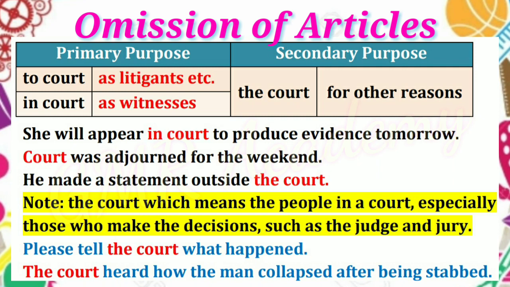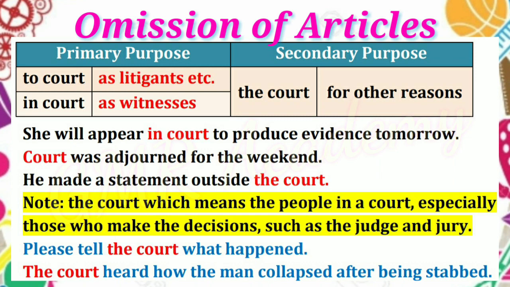If you observe these two examples: she will appear in court to produce documents or evidence tomorrow, which means here the primary purpose is to do something in court. So no article is used. Court was adjourned. Adjourned means to stop an official process for a period of time.